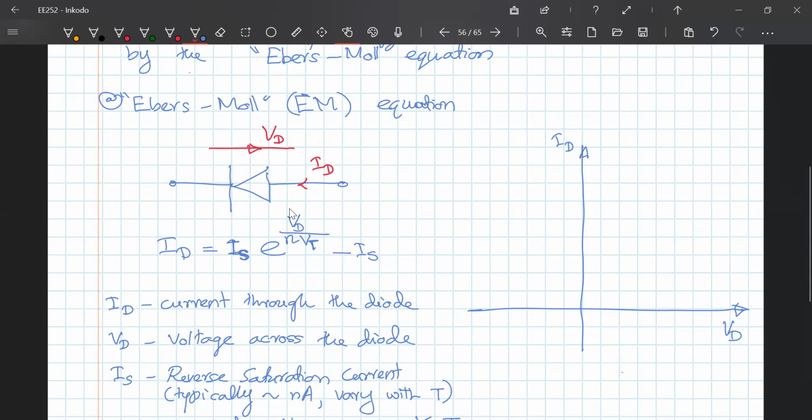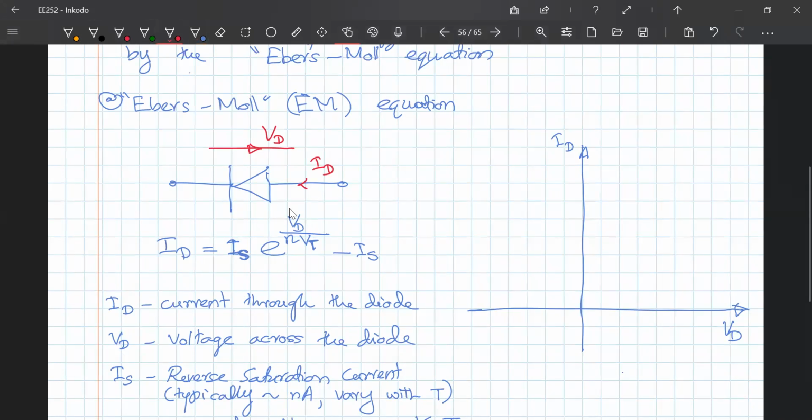Very large values of VD. Now, if VD is much greater than VT, VT is what? 26 millivolts, right? Let's say VD is negative 1 volt or something. Then this quantity becomes much smaller than this quantity. This quantity becomes the dominating factor, right? So you can put values and see.